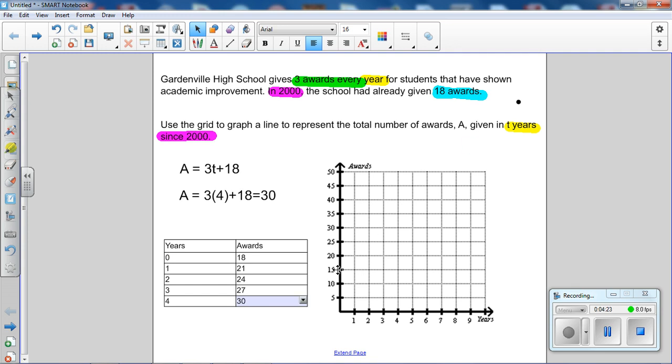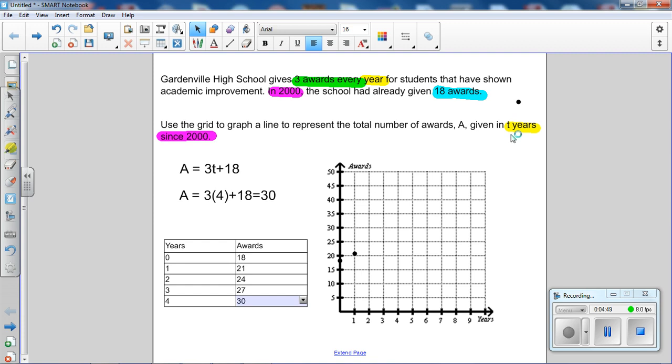So my initial point should be about 18. If this is 15, I can go up 16, 17, 18. If this is 20, come down just a little. So 18 will be right there. Then in year 1, I'm going to go to 21, slightly above 20.